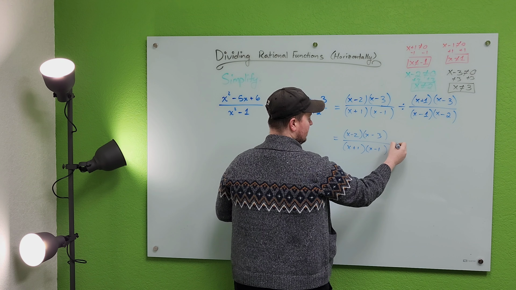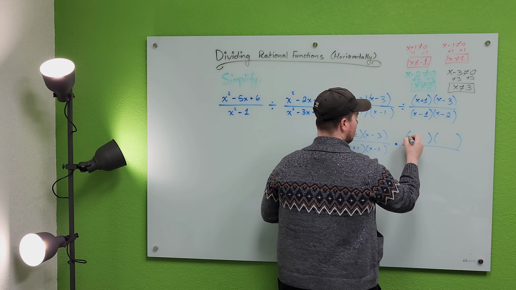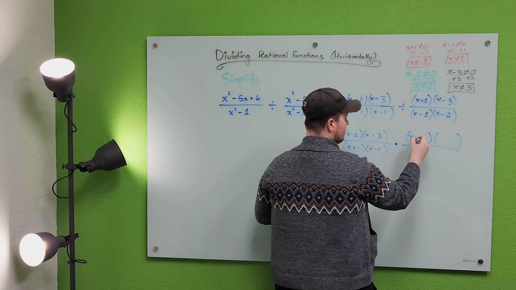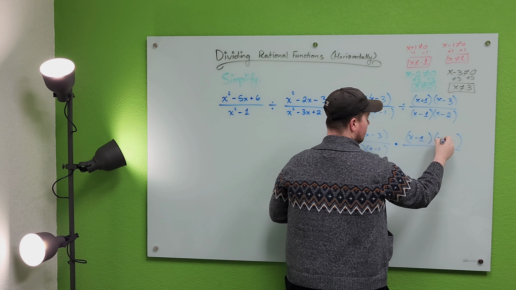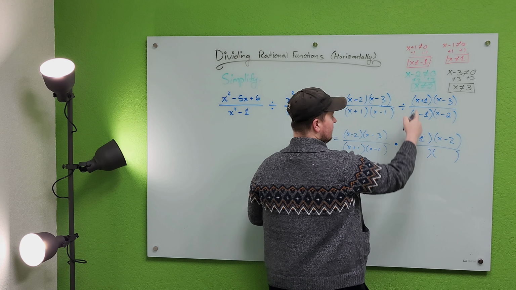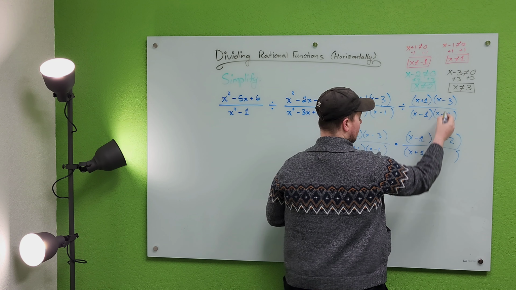Division changes to multiplication. Now this one needs to flip over. So x minus 1, x minus 2 over x plus 1 times x minus 3.